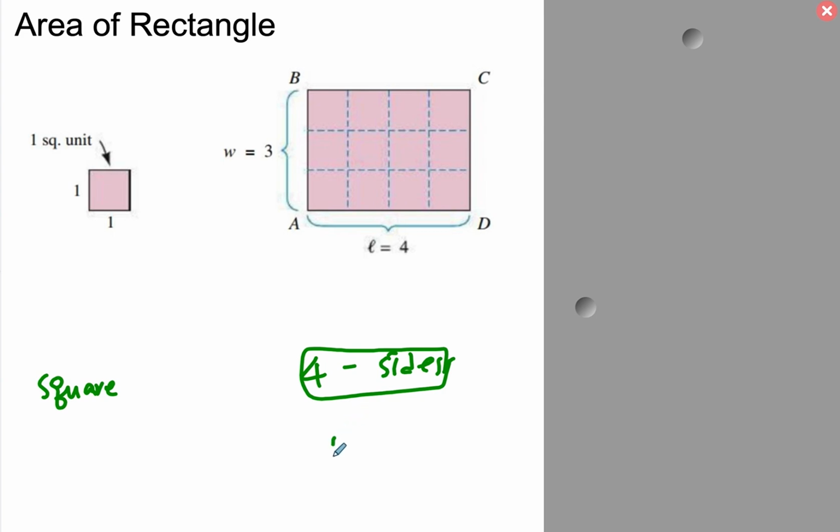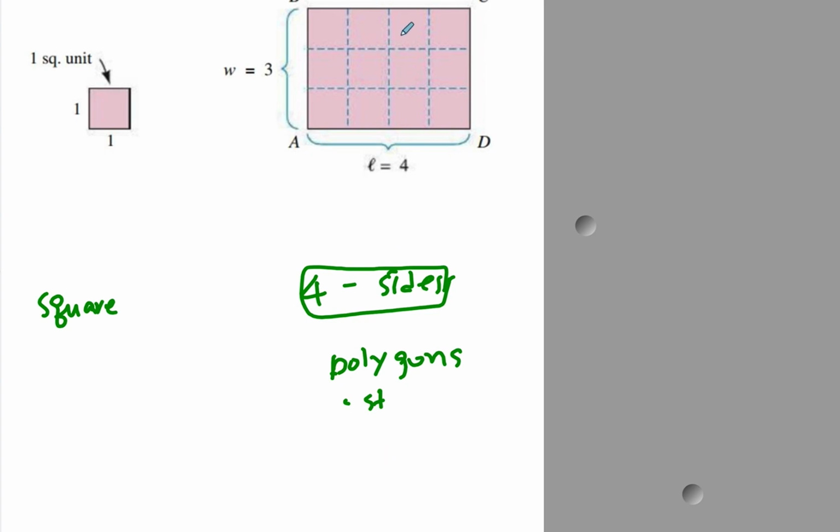So polygons, I need to think about polygons first. To be a polygon, you need to have straight lines. So circle or cylinder, those are not polygons. You need to have straight line segments, and it also has to be closed to be a polygon.